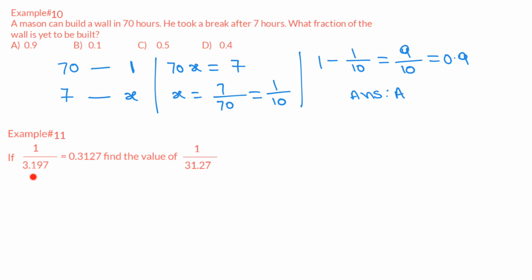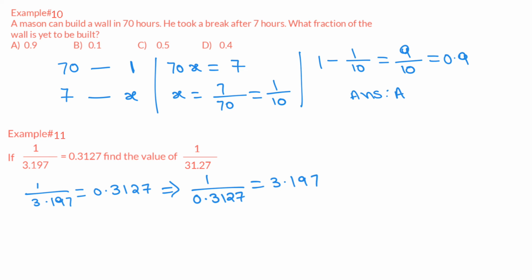Next example, if 1 divided by 3.197 is equal to 0.3127, find the value of 1 divided by 31.27. Here, consider 1 divided by 3.197 is equal to 0.3127, from which we can write 1 divided by 0.3127 is equal to 3.197, right?